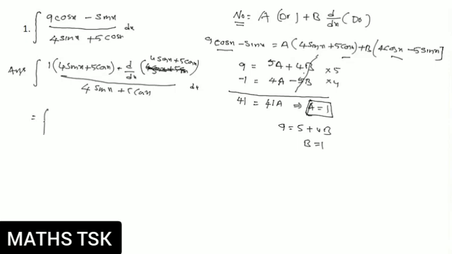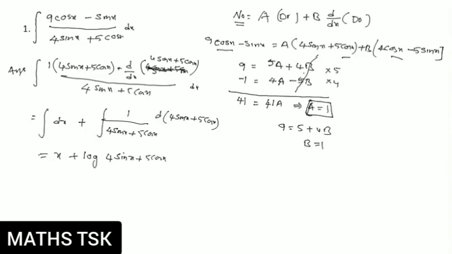I split this into two integrations. First one, 4 sin x plus 5 cos x by 4 sin x plus 5 cos x is 1. First integration is dx. Second integration is 1 by (4 sin x plus 5 cos x) into derivative of 4 sin x plus 5 cos x, and integration of 1 by x dx is log x. So the answer is x plus log of 4 sin x plus 5 cos x plus c.